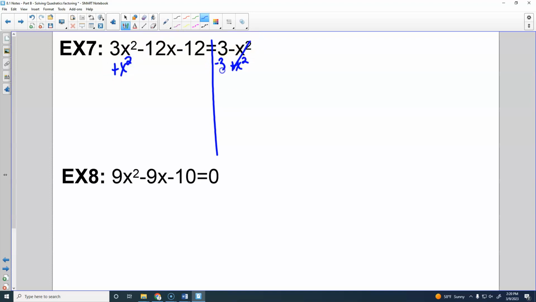And I take this 3 and subtract it. So that would give me 4x squared minus 12x minus 15. And nothing is left over here. Everything canceled out, so that's equal to 0. Which is what we need, because if we don't have an equal 0, we can't do the problem.